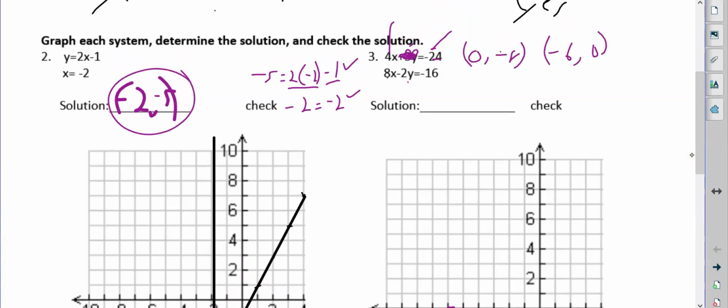Now in this one, I'm going to cover up the x. When I divide by negative 2, y will be 8. Cover up the y, x will be negative 2.